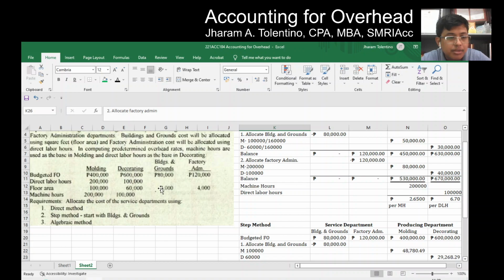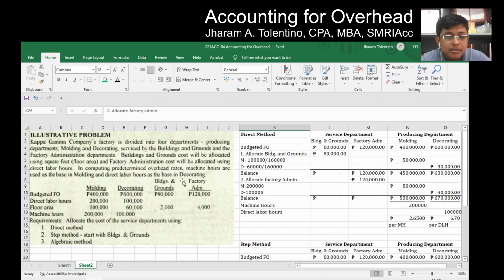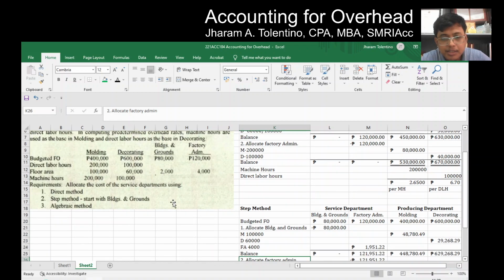Yes. Direct labor hours. Wala. So, hindi siya ma-allocate dito. Okay? So, gagawan pa ba? Hindi natin siya magagawa. Wala. Dapat meron. Direct labor hours. So, wala siyang direct labor hours. So, di natin siya magagawan.